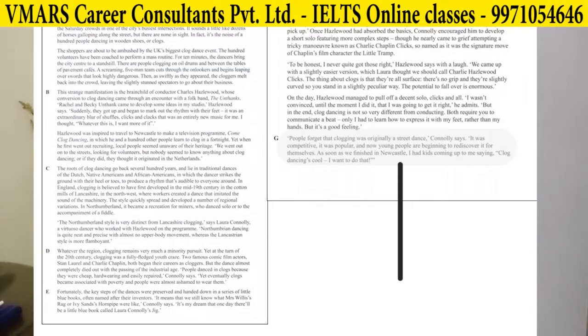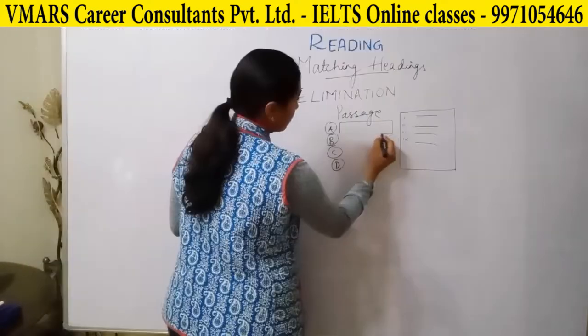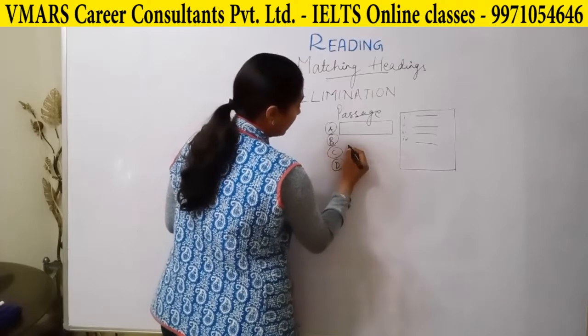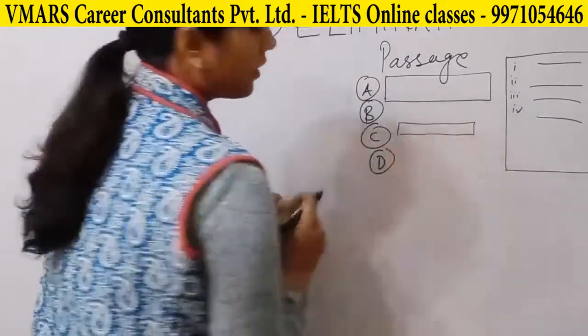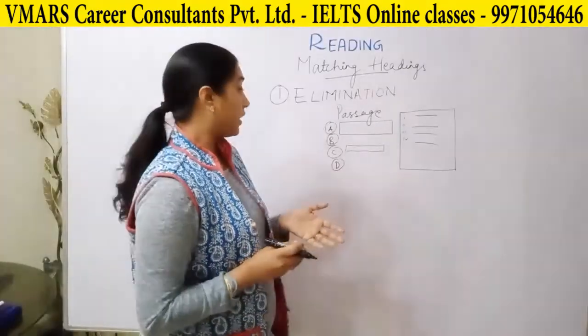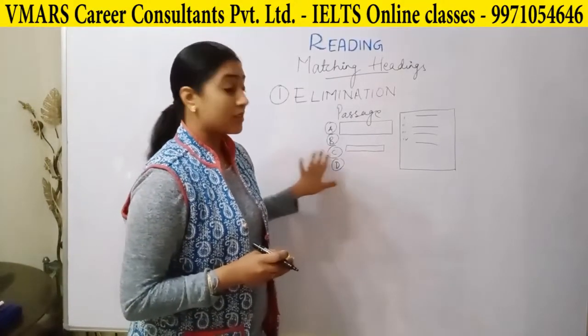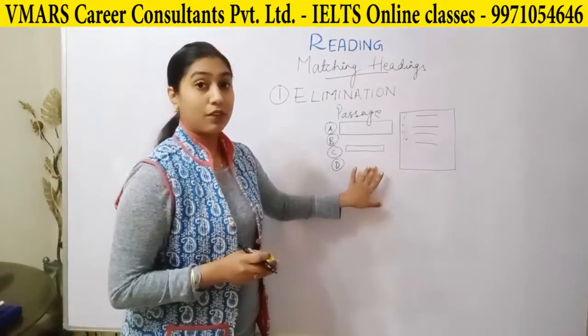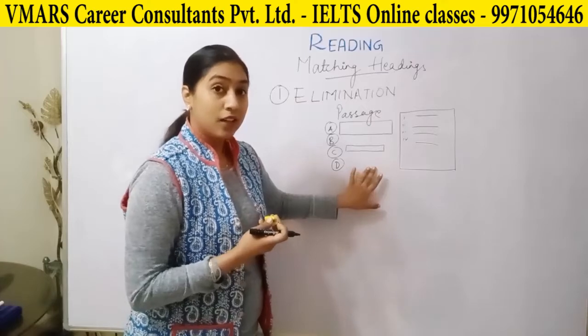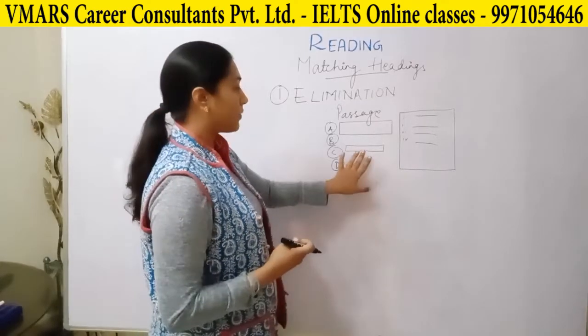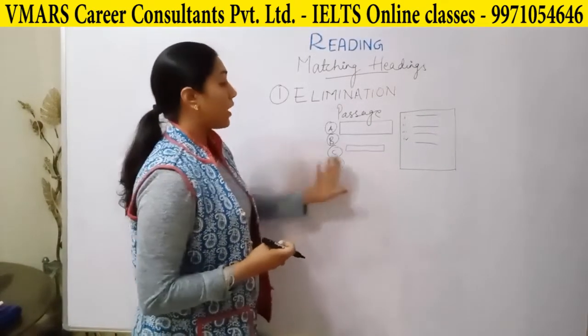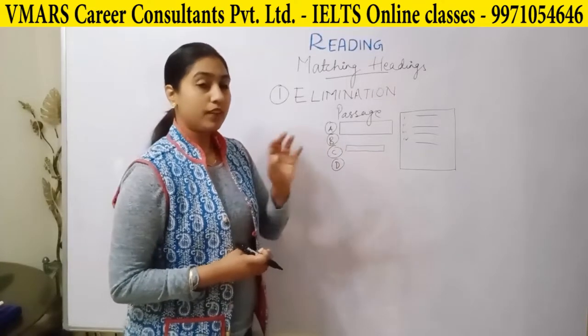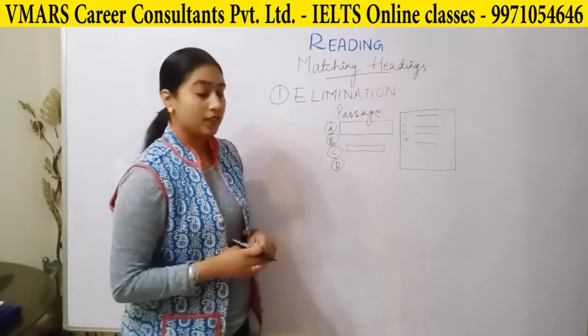For example, if A is this much long, my C is only this much. I would suggest you begin with C because it's the shortest paragraph. It won't take much of your energy and you will not drain your energy. So do C first. As you read C, try to catch the words that are in C.